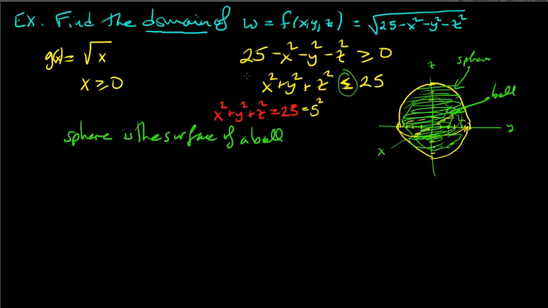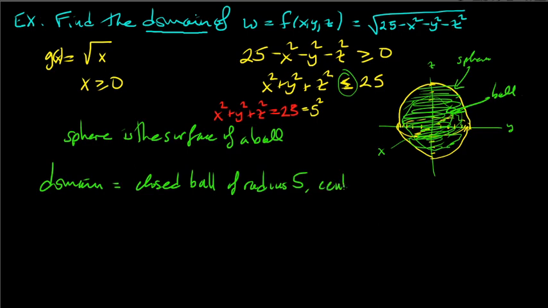So essentially the domain here is just the closed ball of radius 5, centered at the origin. Obviously you can have a ball of radius 5 somewhere else, but in this case it's centered at the origin.